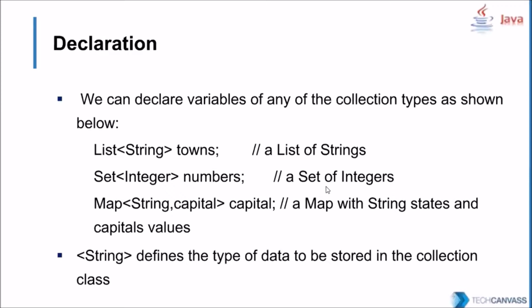A small example: let's say you have a list of email IDs. A generic email ID, say info@Techcanvass, no reply at Techcanvass, inquiries at Techcanvass, and then another ID, admissions at Techcanvass.